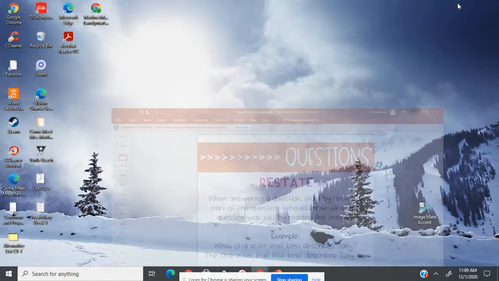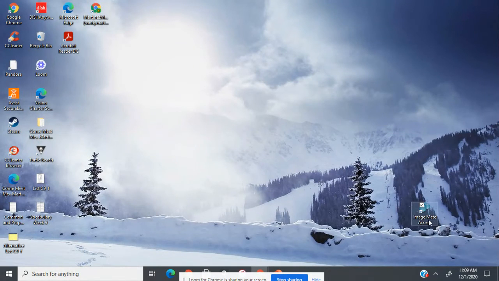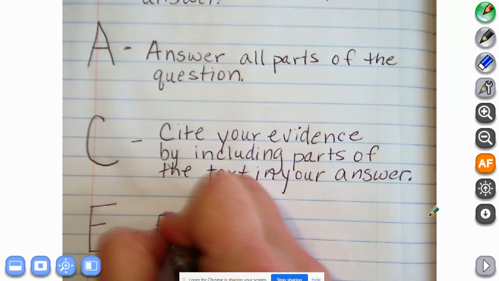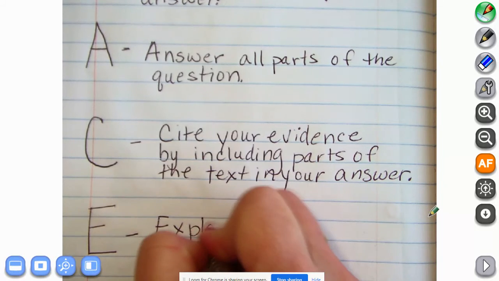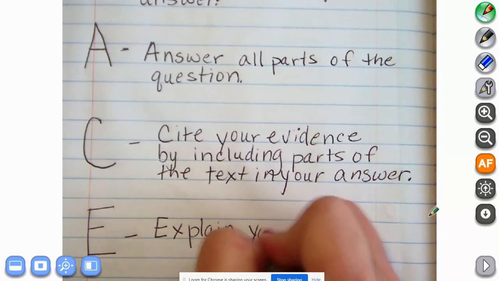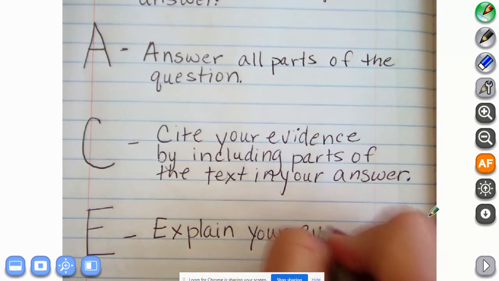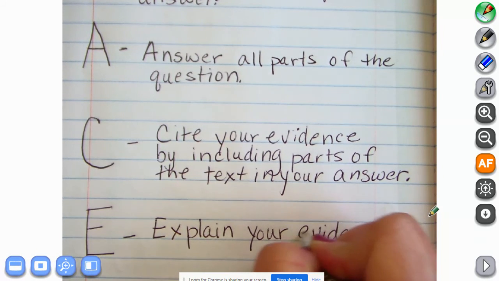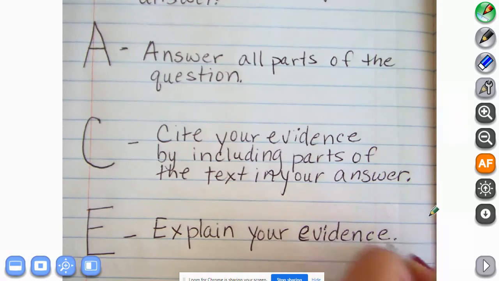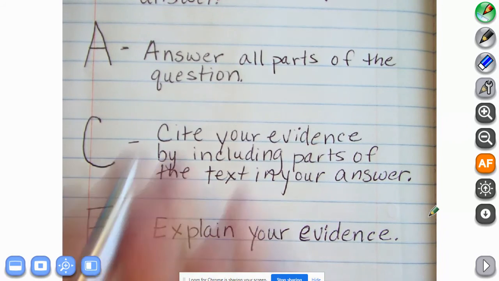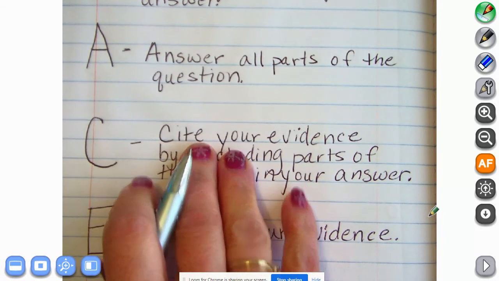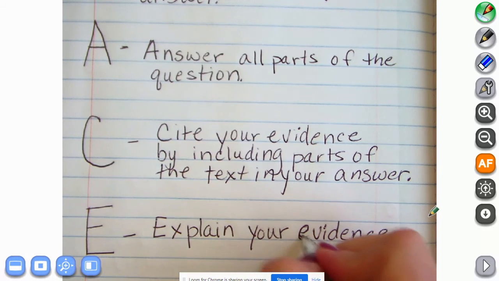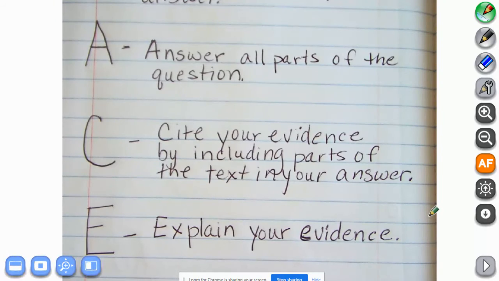Explain your evidence. So you may have to explain why you picked this evidence to answer the question.